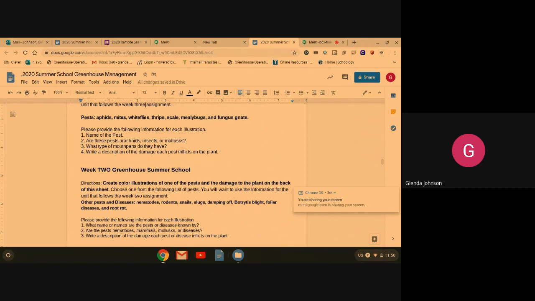Those are all different diseases except for the snails and rodents, of course. Again, provide an illustration of what it does to the plant. You're going to name it, tell us what it is, and then write a description of the damage that each pest or disease inflicts on the plant. You need to write that out in a few paragraphs.